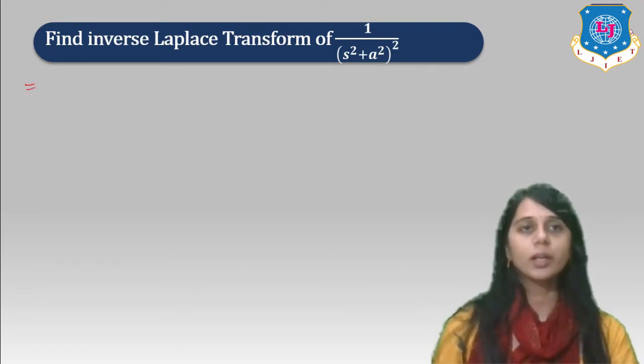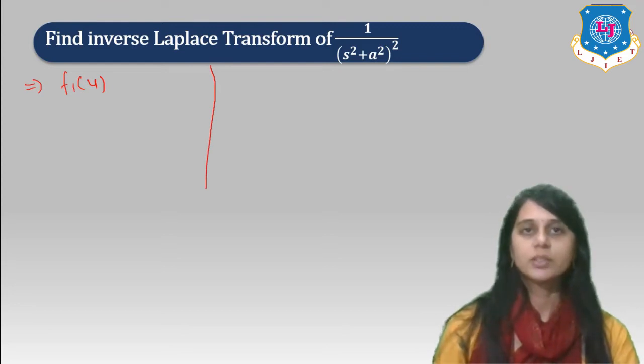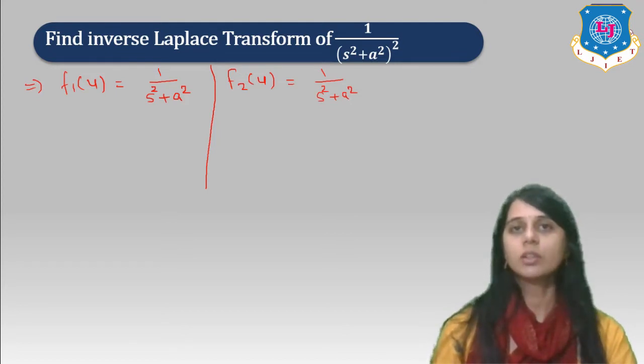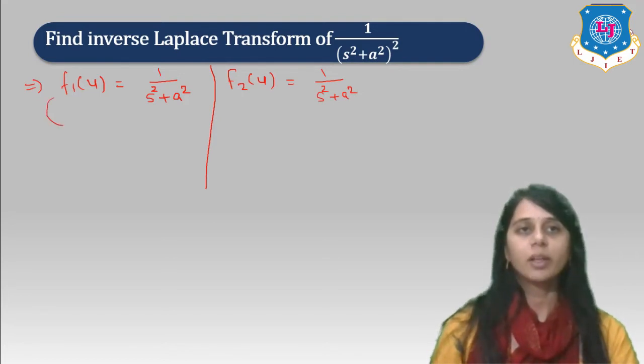First of all, we have to find two functions. One is F1(s), the second one is F2(s). F1(s) is 1 upon s square plus a square, F2(s) is 1 upon s square plus a square. The multiplication of these two functions is 1 upon (s square plus a square) whole square. Now, what is f1(t)? f1(t) is 1 upon a sin at.